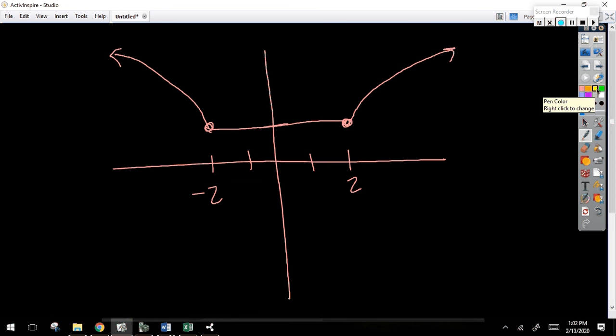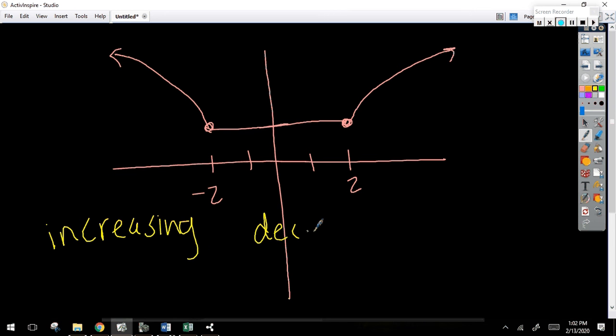This one has a constant also. Increasing, decreasing, constant.